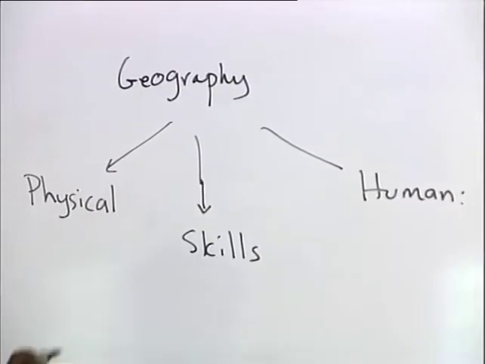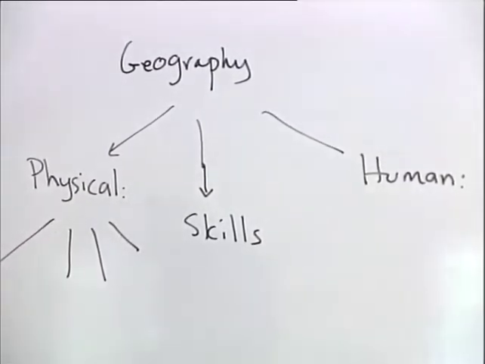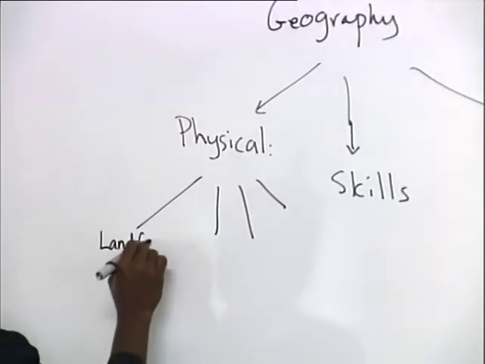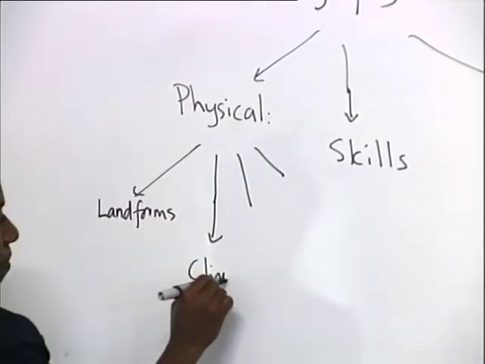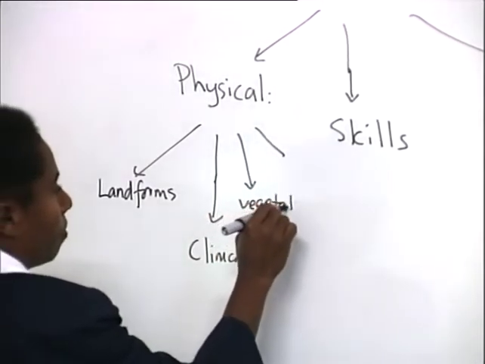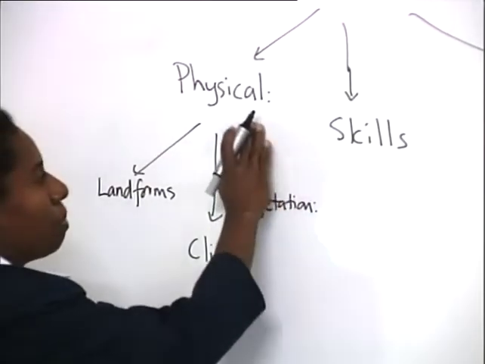For the part on physical geography, some of the subtopics that we have looked at are to do with landforms, climate, and vegetation. And for the skills, it's mainly to do with mapping skills.